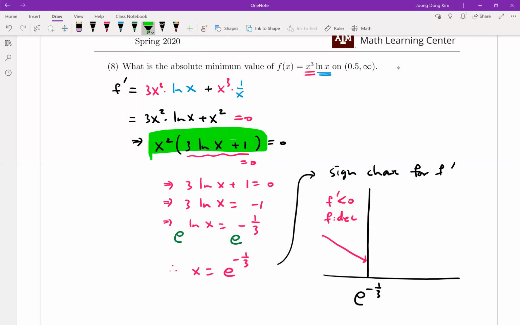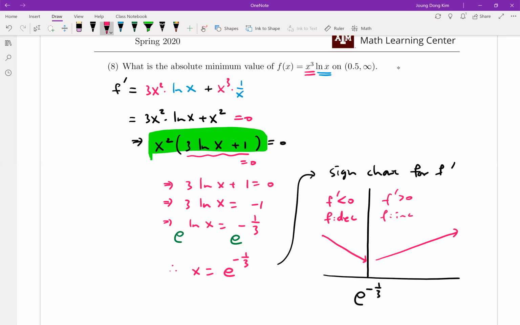So x squared is always positive, but since your ln x value will be negative, 3 times that value plus 1 will be negative, that's why it's negative. But whenever you plug in a value bigger than e to the minus 1/3 into there, x squared is always positive, and your 3 times ln x plus 1 part will be positive. So we can say f prime is positive, increasing like that.